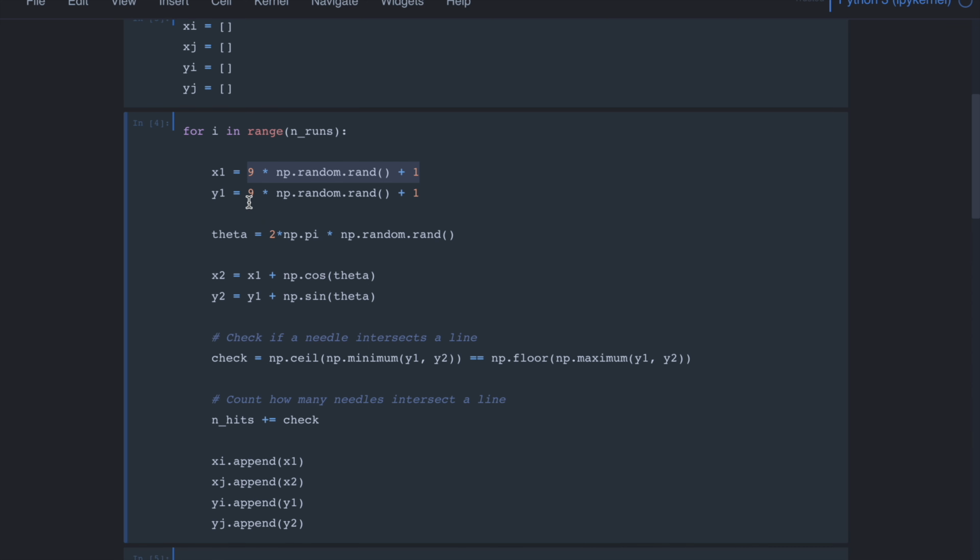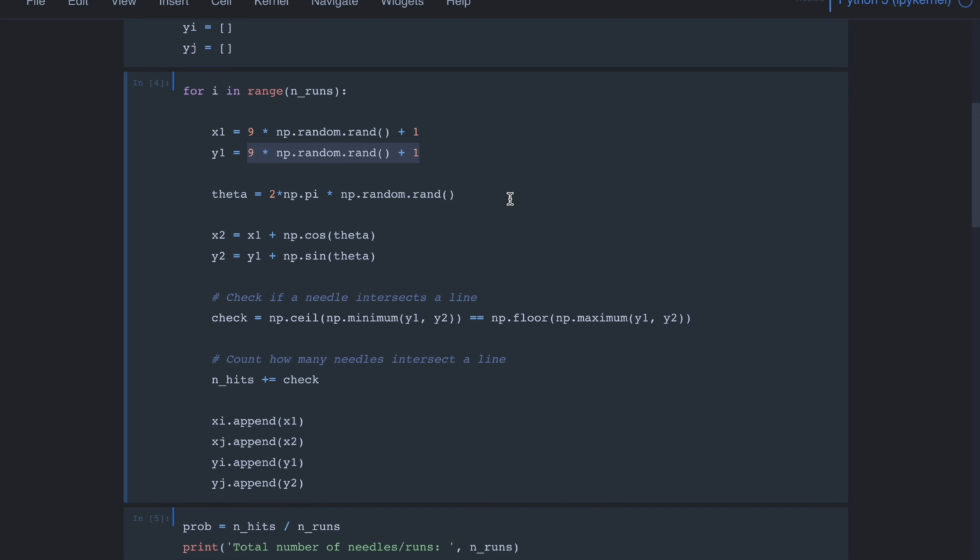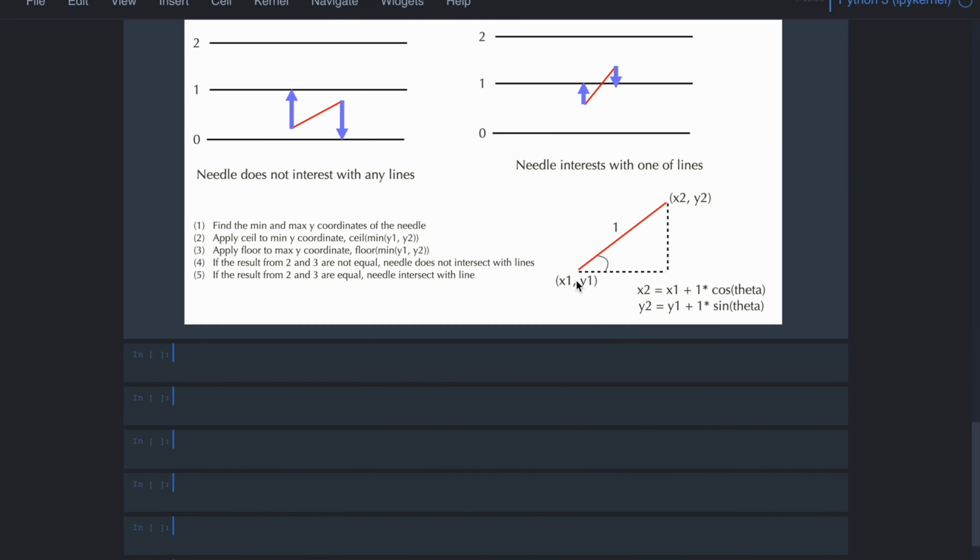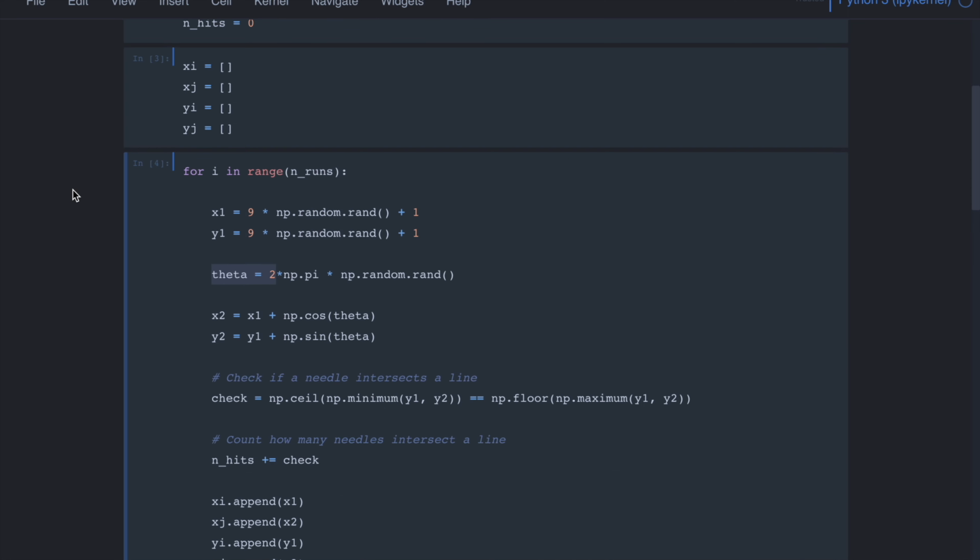And then similarly, we are generating the y coordinate using a similar method. After that, we have generated the angle. We have simulated this angle. So we generated two coordinates x1 and y1, and then we are picking an angle theta. That's also generated randomly. This angle goes between 0 and 2 pi.